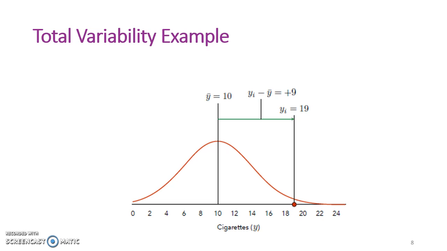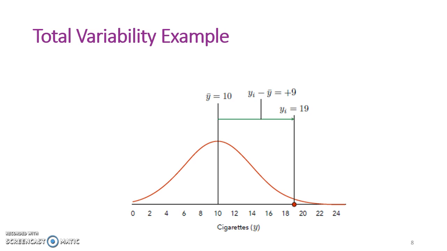That's where you see y sub i is equal to 19, the score I've highlighted. Then I've also put a vertical bar at the mean. When we looked at the descriptives, the total mean for all participants was 10. So on average, across participants, they smoked 10 cigarettes per day. And I've also highlighted the variability, which is the difference between a person's observed score and the mean.